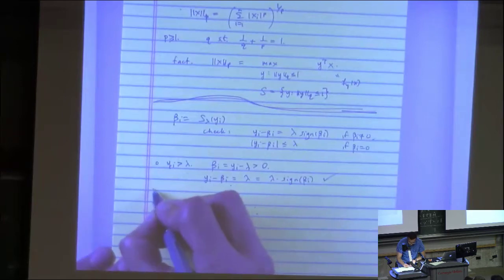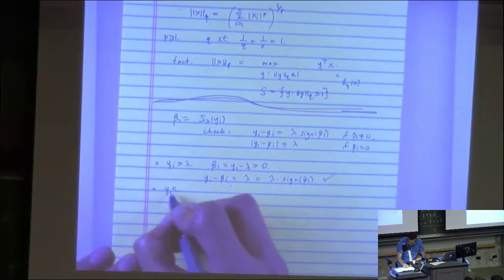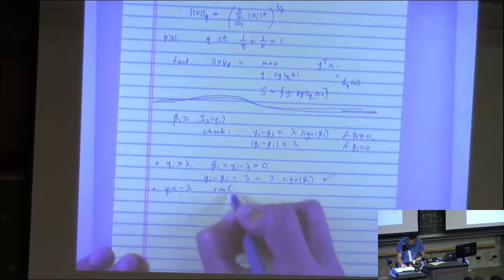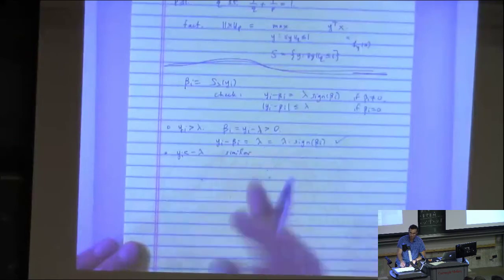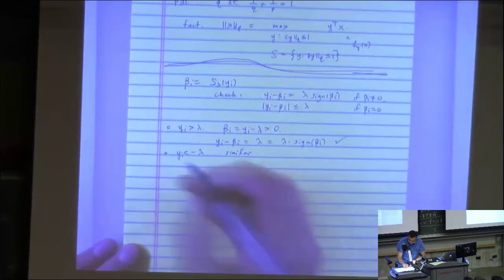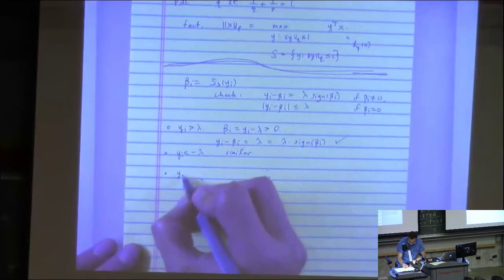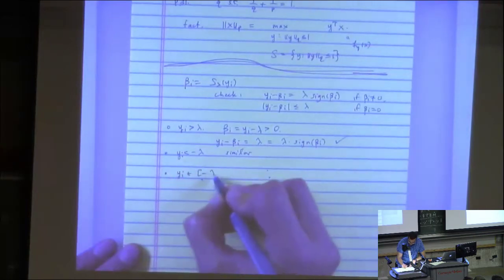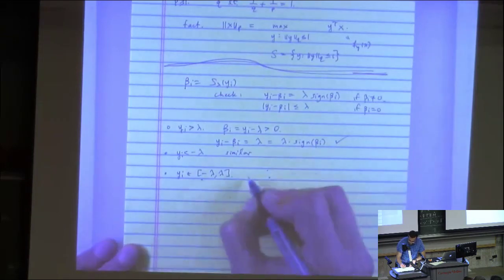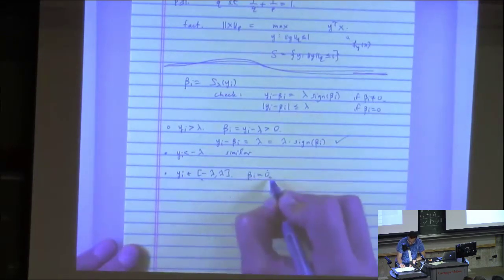If y_i is strictly less than minus lambda, then it's similar. It's just the reverse argument. We're going to find that y_i minus beta_i is going to be negative lambda, which is lambda times the sign of beta_i in this case. And if y_i is in between minus lambda and lambda, then beta_i is going to be 0.